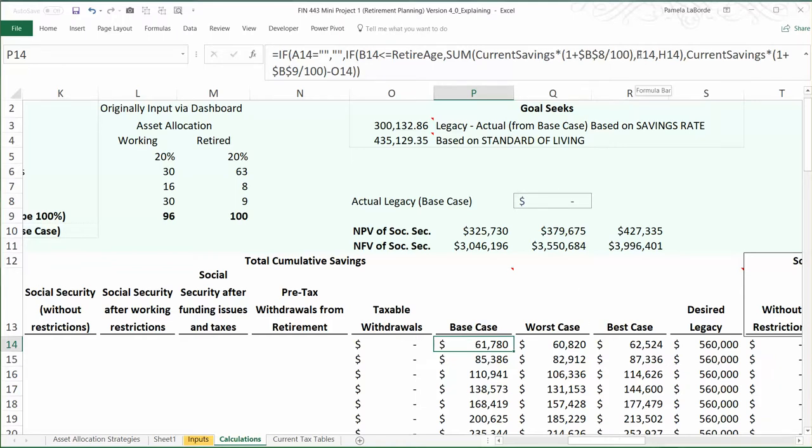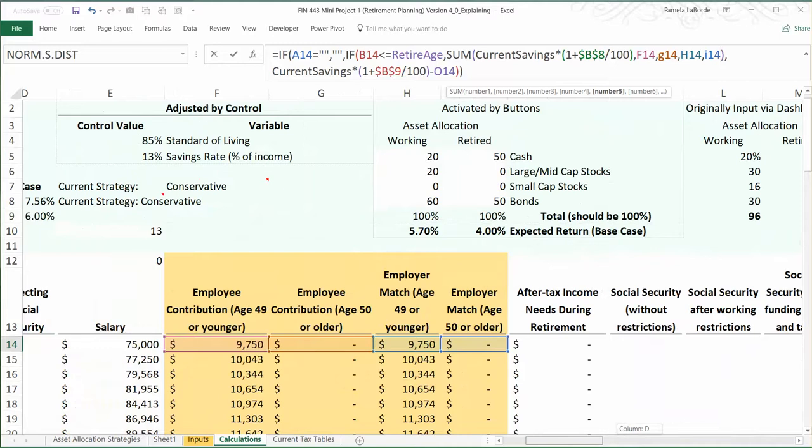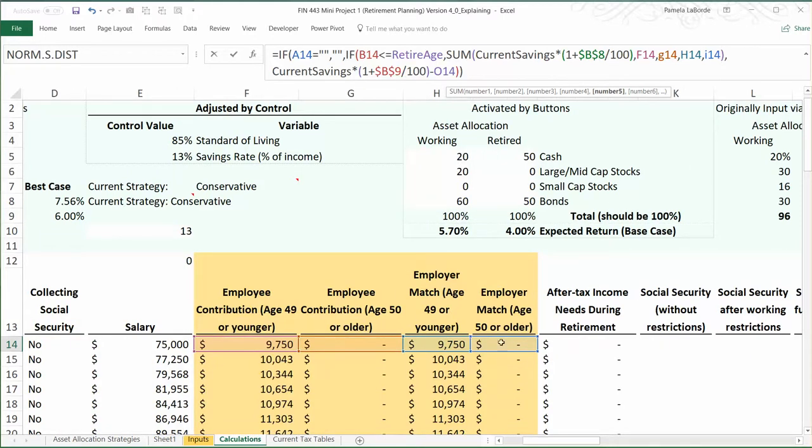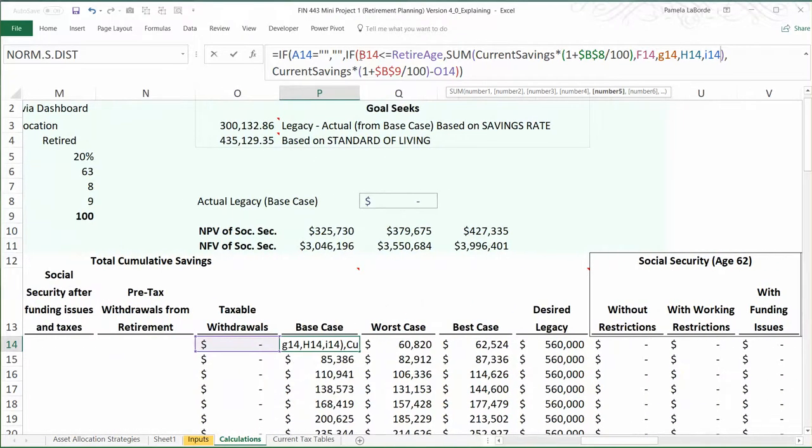So here, in addition to F14 and H14, I need to add G14 and I14, which are these two extra columns that I had added when I made some adjustments. So if they're working, sum those four columns and increase the current savings by the working expected return.